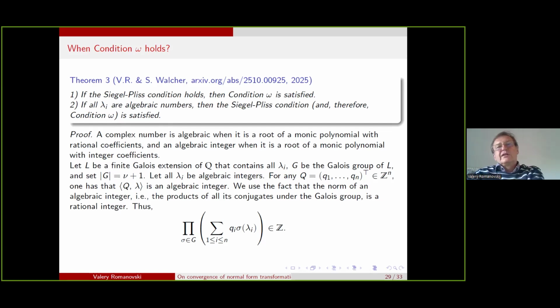But for people working in differential equations, it is a very important statement, and I believe people working in differential equations do not know that this is true. So it's one of our results also in this paper.